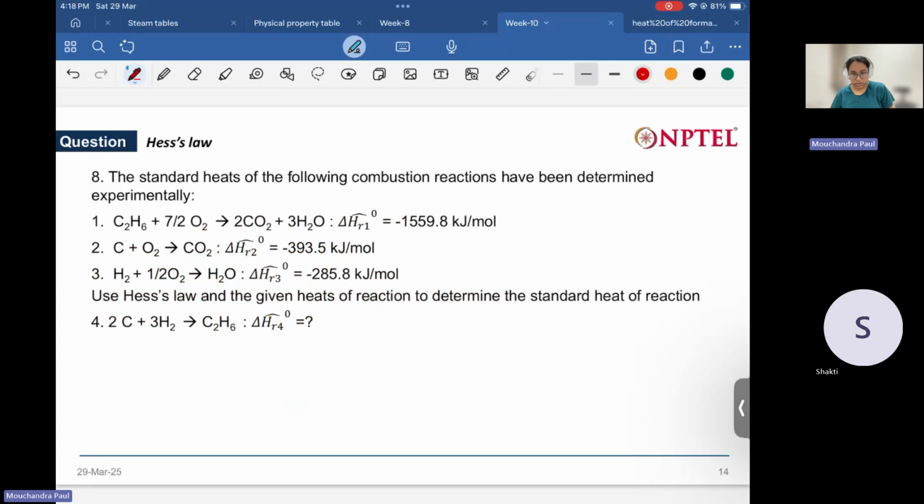Now, the next question. In this particular question, we are going to use Hess's law. So, very quickly, what does Hess's law state?